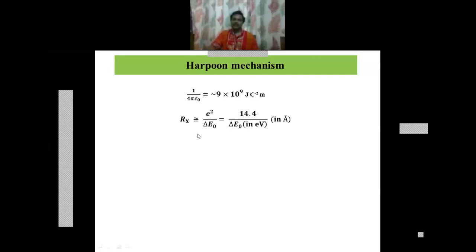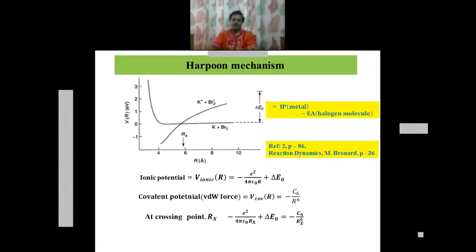If you multiply that, it is going to be near about 100, right. So, therefore, we can explain this larger cross section using the harpoon mechanism, right.